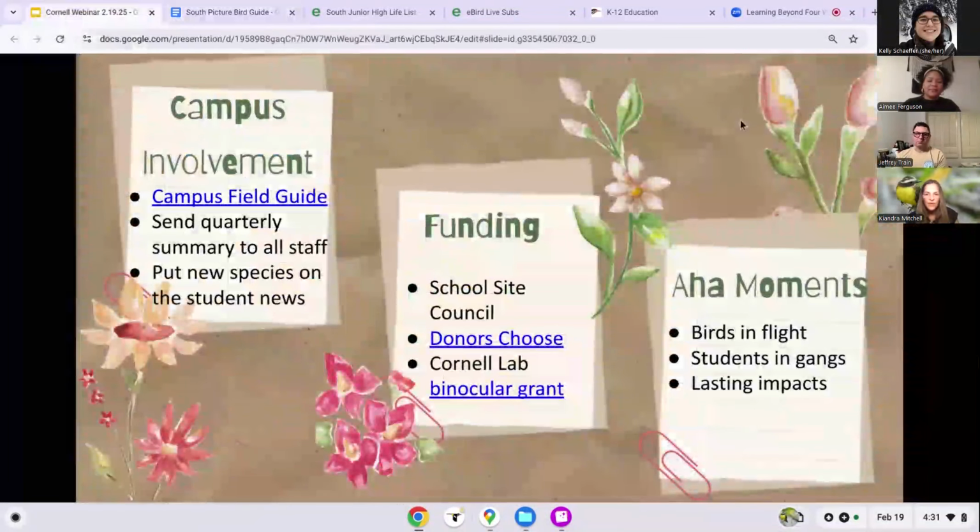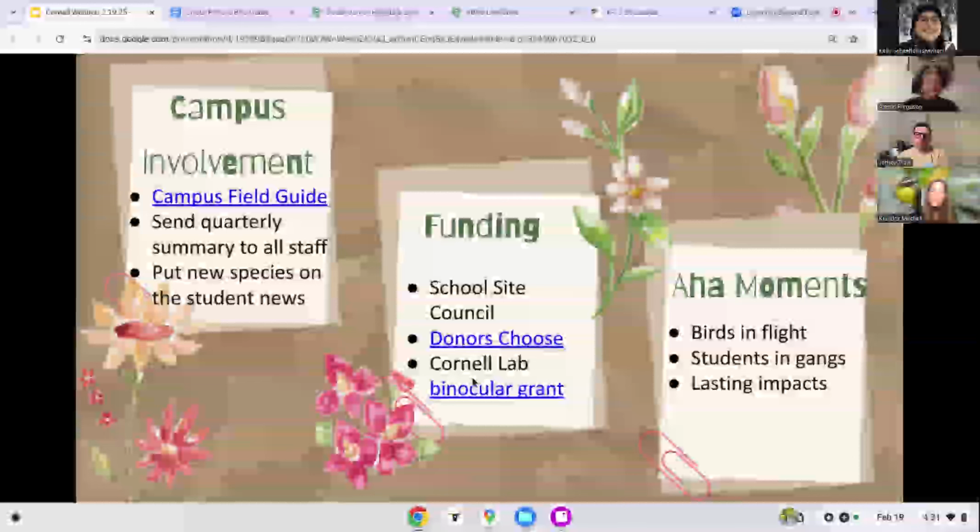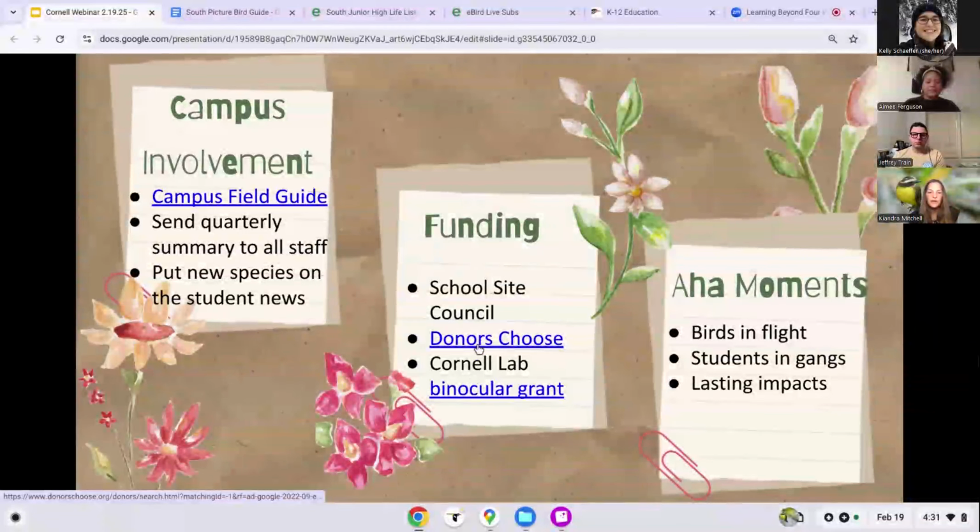Then with the funding, this was a big stumbling block for me until I realized, wait, there are funds out there. I've used a variety of funding to get a class set of binoculars, and they break frequently because these are 7th graders. So we just keep reapplying through these funding sources, either DonorsChoose or grants.